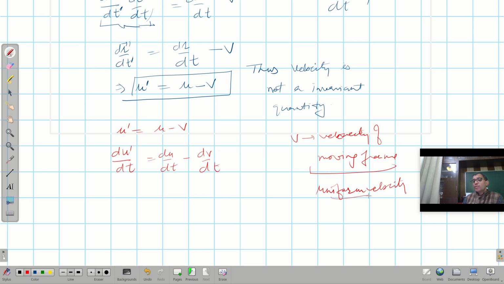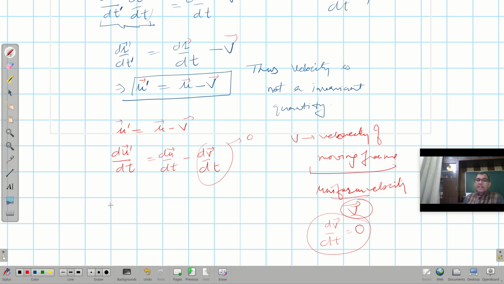Uniform velocity means the v vector is a constant. Let me put vectors here because I missed it earlier. Since v is a constant, its derivative with respect to time is 0, because it is not changing. So this quantity will be 0.